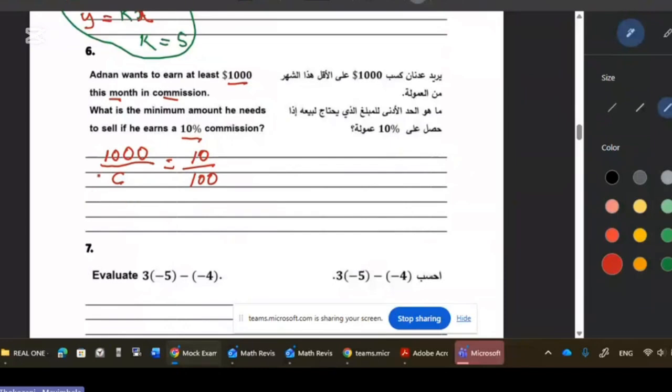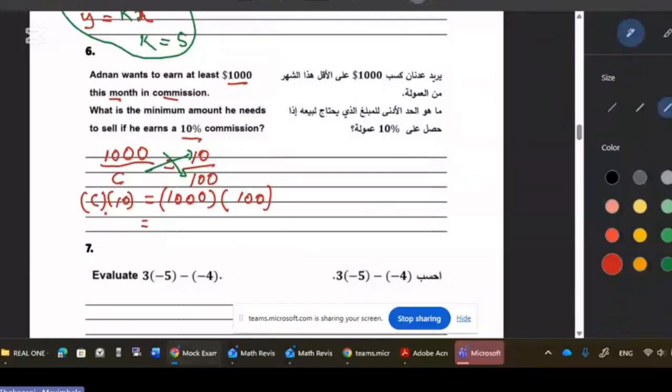And that's it. And now I'm going to cross multiply once again. You cross multiply. So again, 10 times C. So you have C multiplied by 10 equal to 1,000. Remember, it's 1,000, brackets means multiply, multiply by 100. Don't worry, these numbers are very easy because there are zeros there.